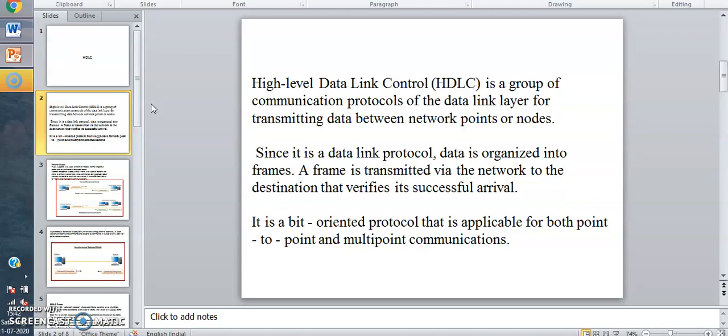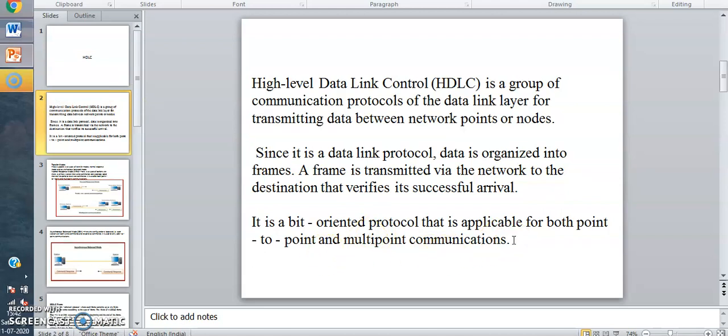HDLC is a bit-oriented protocol that is applicable for both point-to-point and multi-point communications.